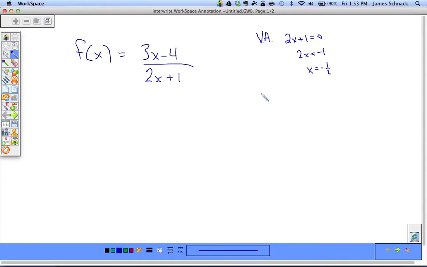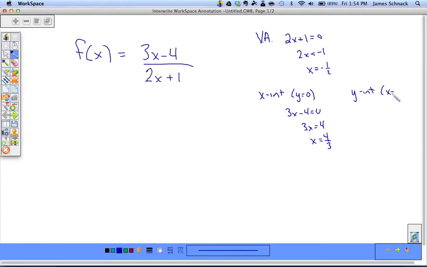Awesome. How about the x-intercept? X-intercept is where y equals 0, and with a rational function of this type, a fraction, that's where the numerator equals 0. So 3x minus 4 equals 0. 3x equals 4. X is 4/3. There is our x-intercept. Then let's talk y-intercept.